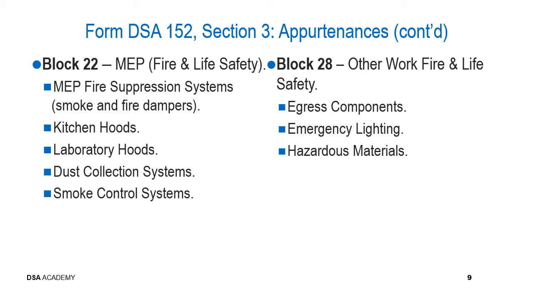Also, any kitchen hoods, laboratory hoods, dust collection systems, or smoke control systems and related construction may require some initialing. In Block 28, titled Other Work, Fire and Life Safety, it's possible that the inspector may need to make some notations for egress components, emergency lighting, and hazardous materials.